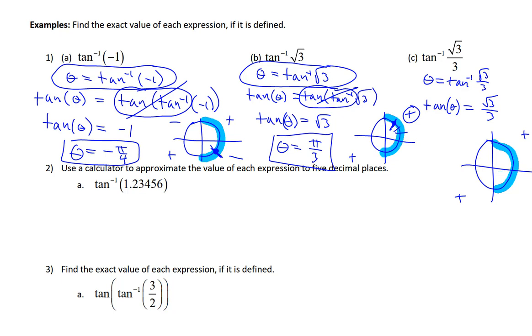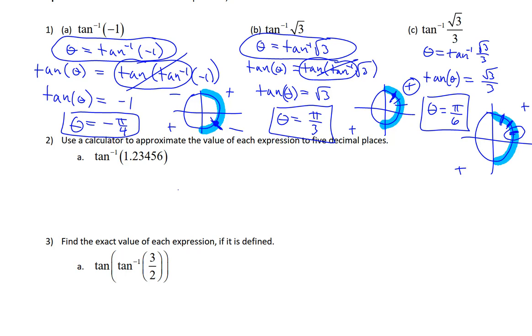Then the one that's within what we're looking at for a positive value tangent would be quadrant 1. Where is tangent equal to root 3 over 3? Well, again, you have your 3 places in your unit circle. Glance back at them. You'll recall root 3 over 3 is the first place there. And where does that happen? Well, that's when theta is π/6, according to our unit circle.